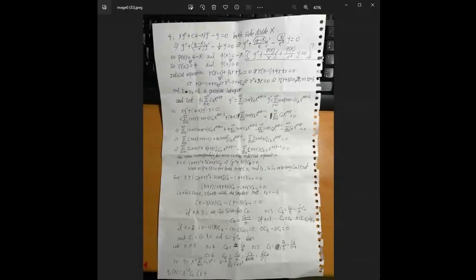Then we know how to do the index, because the x power in the first sum is n plus r minus 1, so we factor out x to the power n plus r and make the powers the same. So we can work on that. The term corresponding to n is given by the indicial equation.